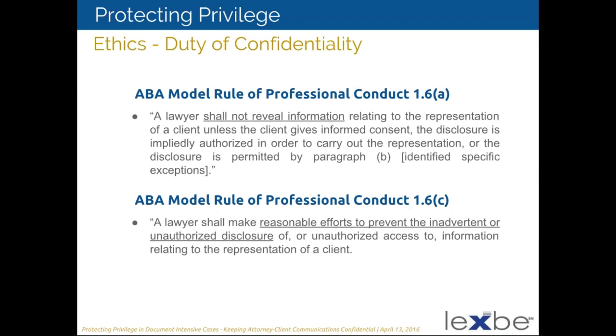Under 1.6, there's a duty of competence that the lawyer will competently represent, and this has been changed in recent years to not only keep abreast of changes in the law, but also keep abreast of changes in benefits and risk of using relevant technology. Judges more and more want to see that, and many of us lawyers came in being Luddites, but there's really not a lot of room for that anymore, particularly in the document-intensive cases.